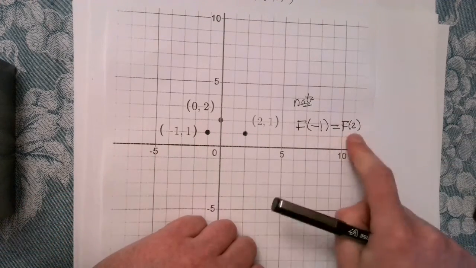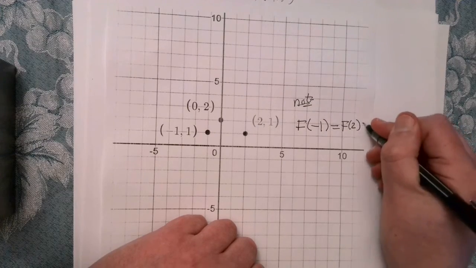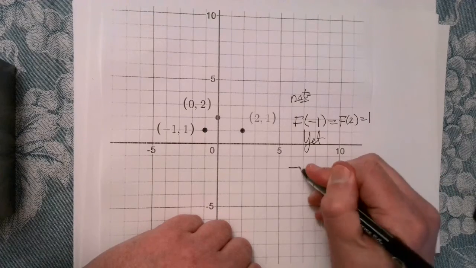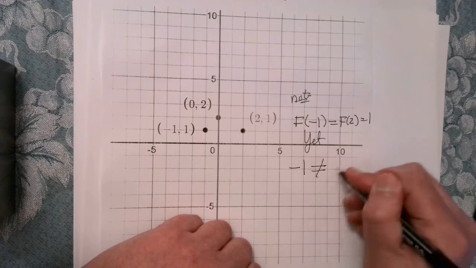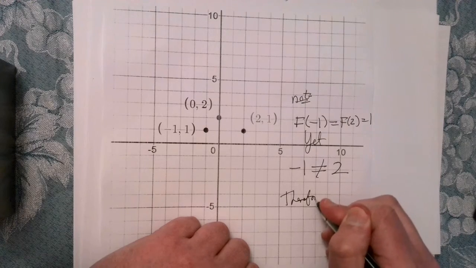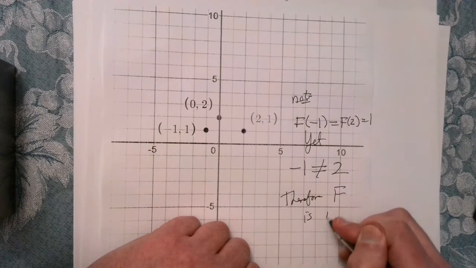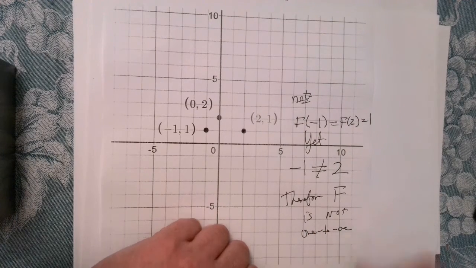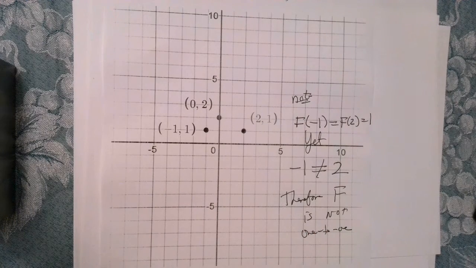Right, same output for both of these inputs. They're both equal to 1. Yet -1 is not the same as 2. Therefore, f is not 1-to-1. And you can see that in this case that was 2-to-1. So that's not 1-to-1.